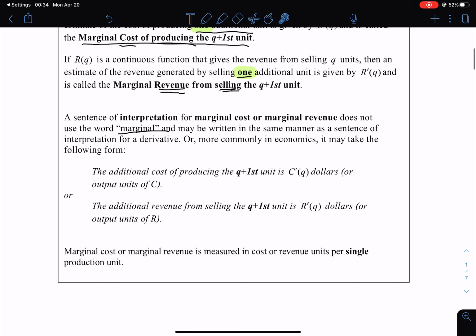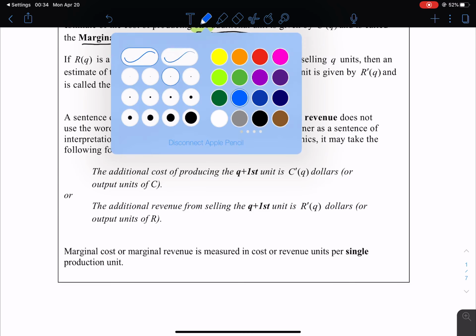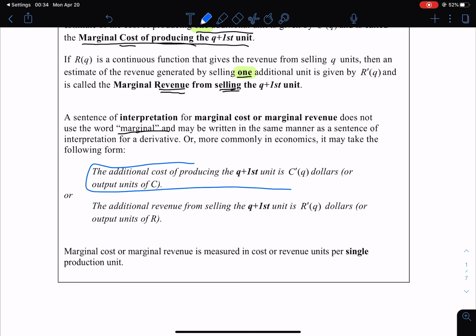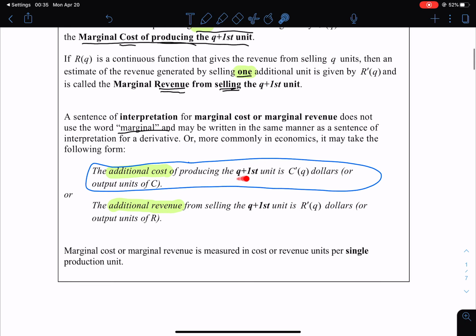So let's see. For the cost, we use this part: the additional cost of producing the Q plus first. So the first keyword is additional cost or additional revenue, and the second one is Q plus 1.